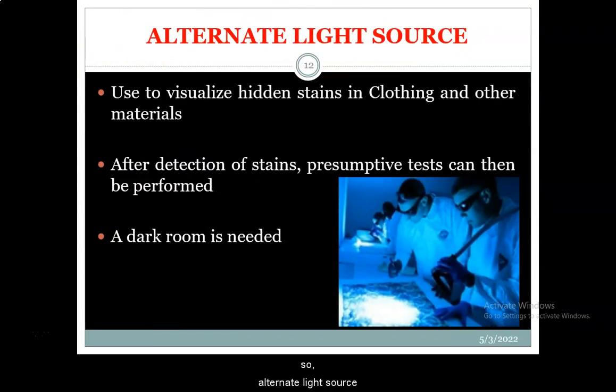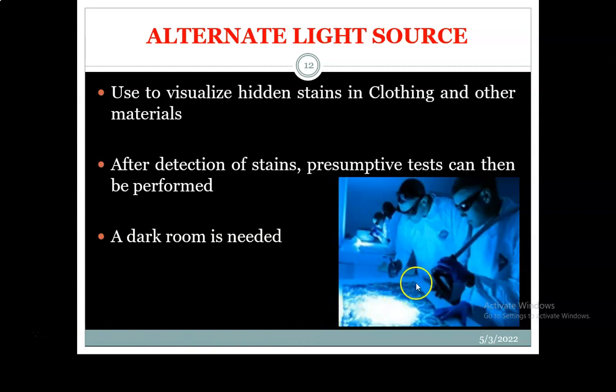So, alternate light source. This is used to visualize hidden stain, as I said earlier on, in clothing and other materials. So, after detection of stains, presumptive tests can then be performed. So a dark room is needed.